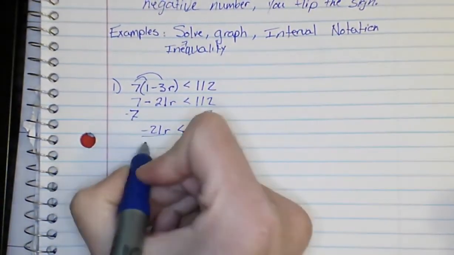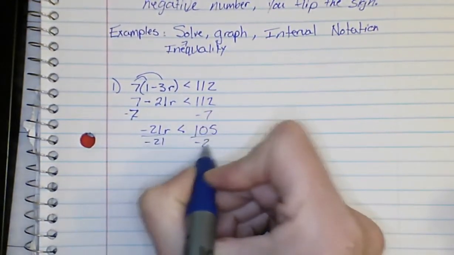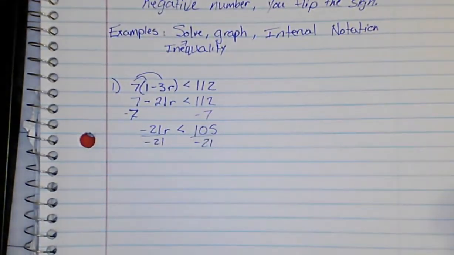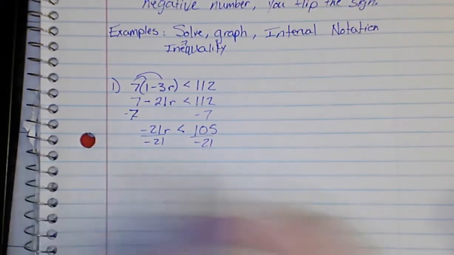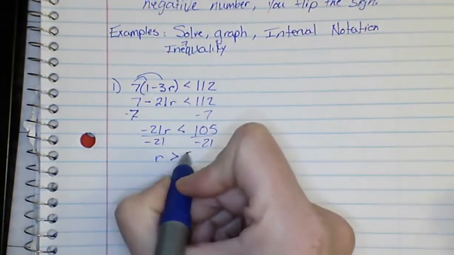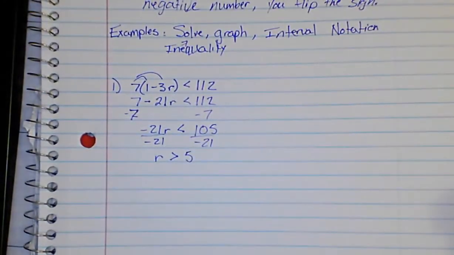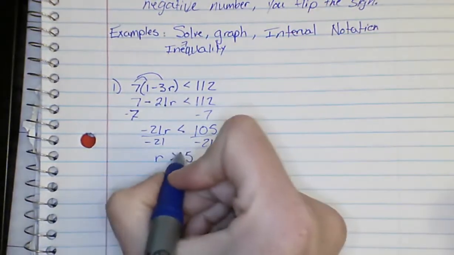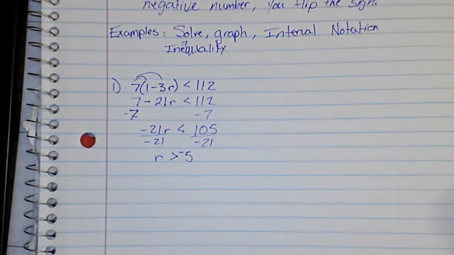And then divide by negative 21. Now when we divide by negative 21, our sign flips. So this will be r is greater than negative 5, excuse me. And then we will graph.